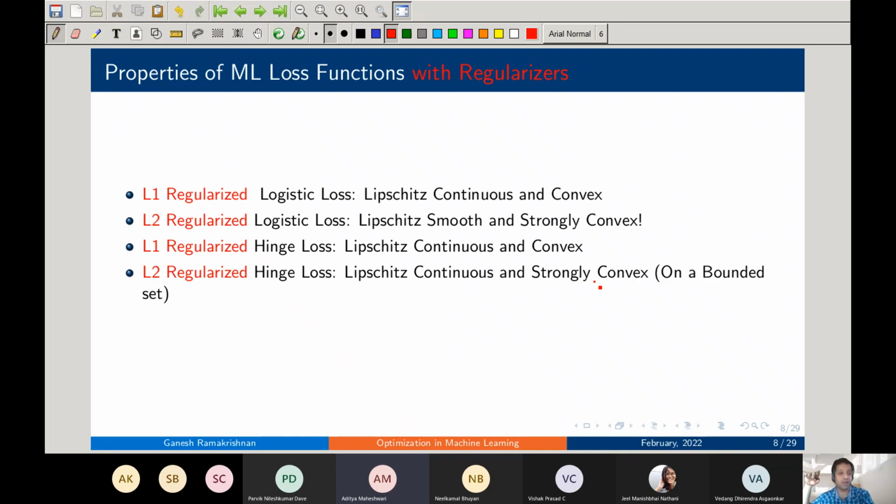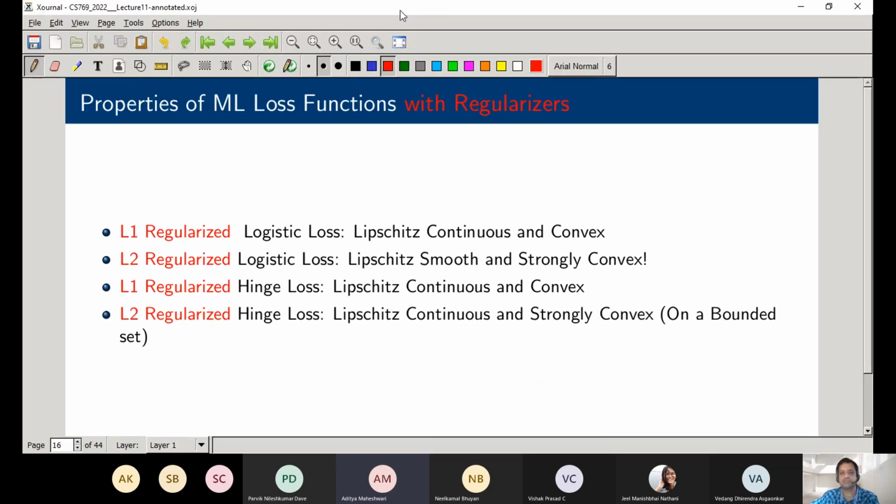Finally, L2 regularized hinge loss is because hinge loss is convex, right? So that's important. Hinge loss is convex, whereas L2 regularization brings you strong convexity. Now it's Lipschitz continuous. Okay, that's important. On a bounded set, L2 regularization will also be Lipschitz continuous.